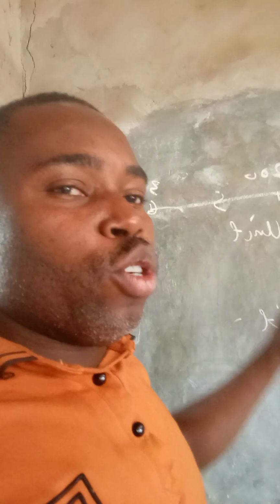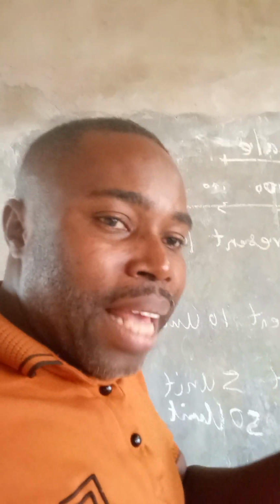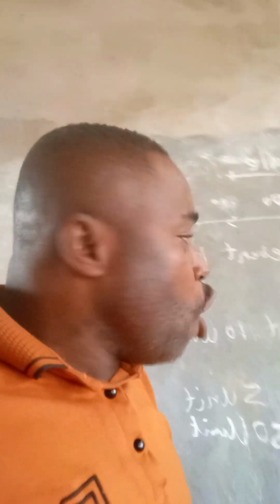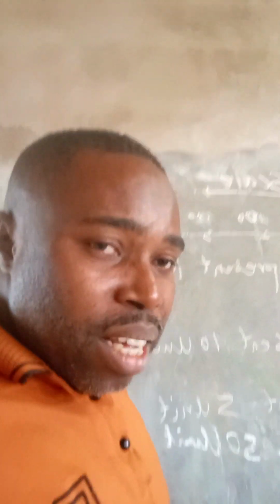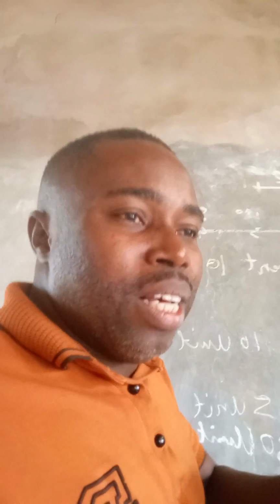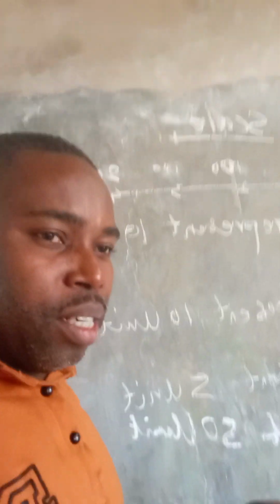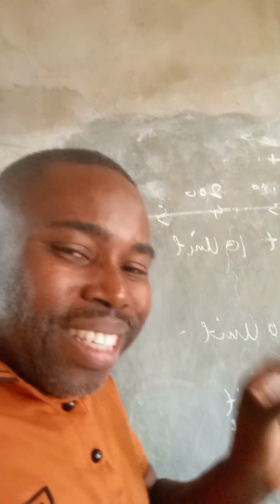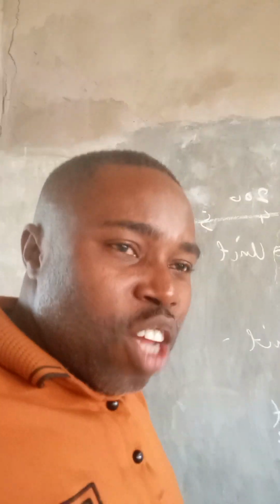So when you come now, we will show you the axes. You have the horizontal and the vertical, the x-axis and the y-axis. Then you must understand which one is the x-axis and which one is the y-axis. Those are the terms that scare you away from that topic. Is it the horizontal?